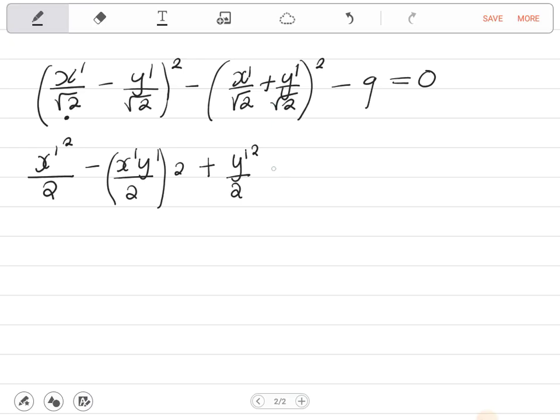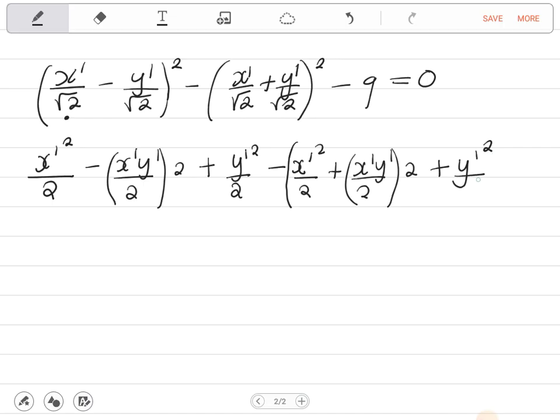I'll come here now, I'll say minus x prime squared again over 2. I'm now squaring this one, this times this, it will give me plus x prime y prime over 2, but that one has to come twice, the same way it was here. Then you have plus y prime squared over 2 minus 9 is equal to 0.